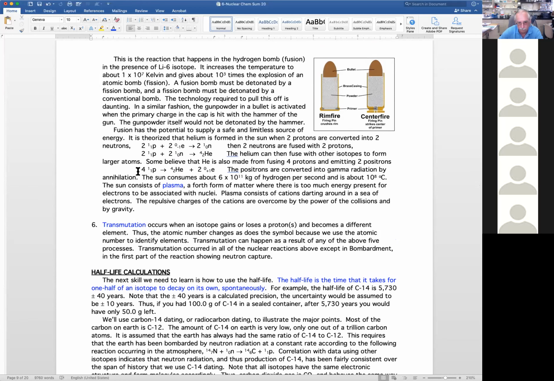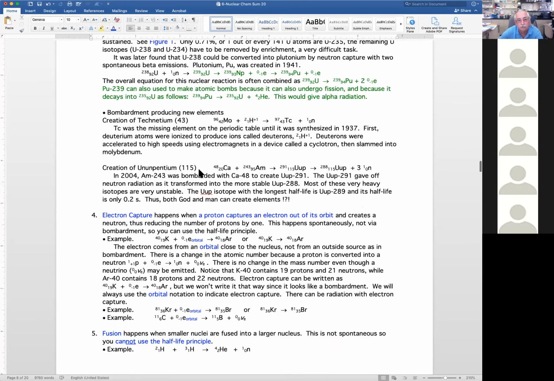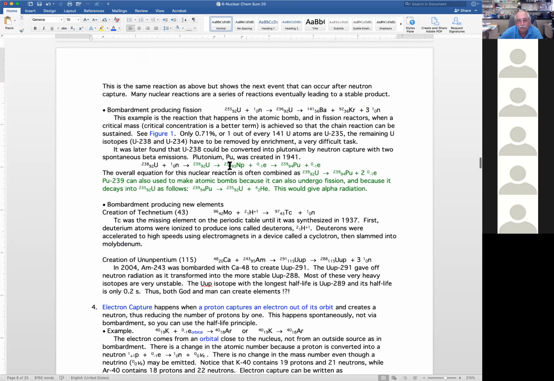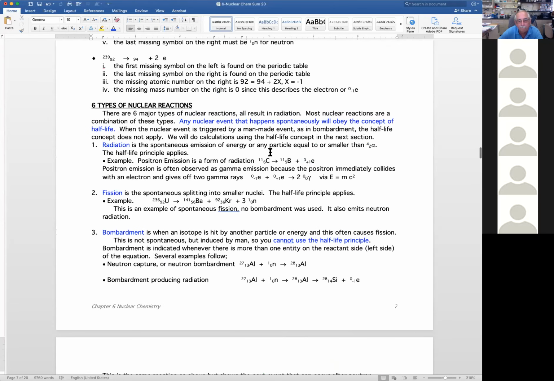So here's kind of a transmutation. Almost all of these are transmutations. Okay. Uranium turning into neptunium, then plutonium, here into barium. These are all transmutations.